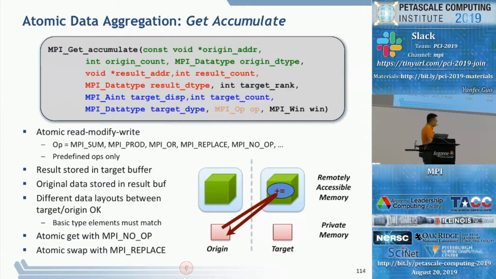Basically, I'm fetching the original value from the target buffer to my result buffer, and then I override with my value in the origin buffer, the green one, into the target buffer, the blue one. So if you do an atomic swap, the value of blue goes into the red, and the value of the green goes to the blue. That's how you can do atomic get and atomic swap.